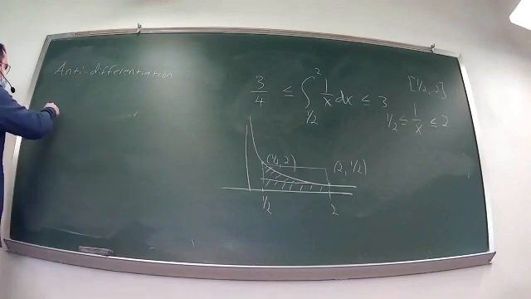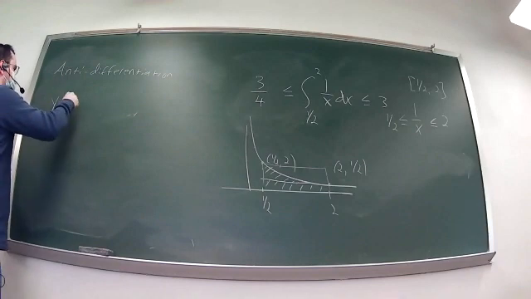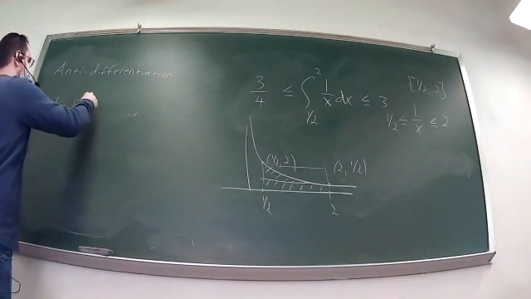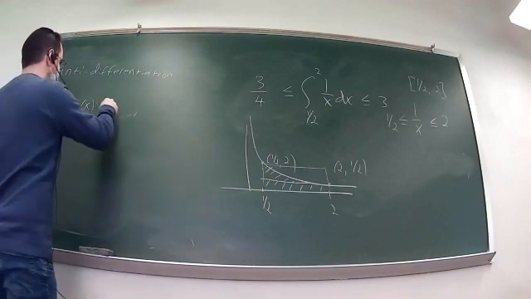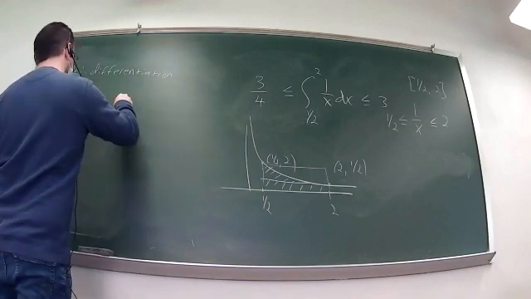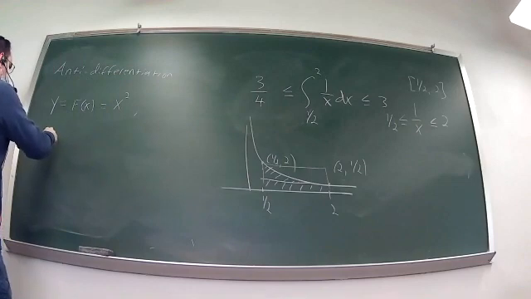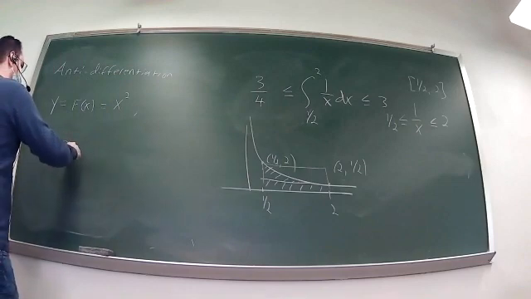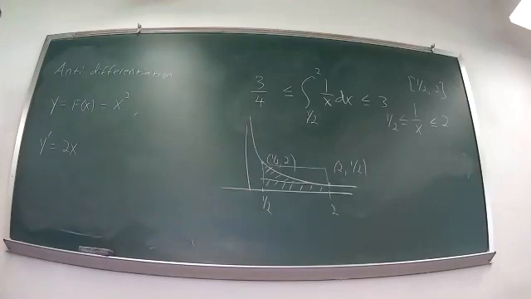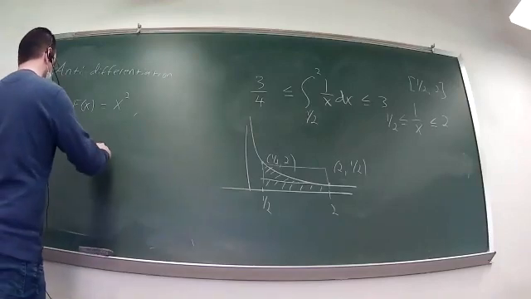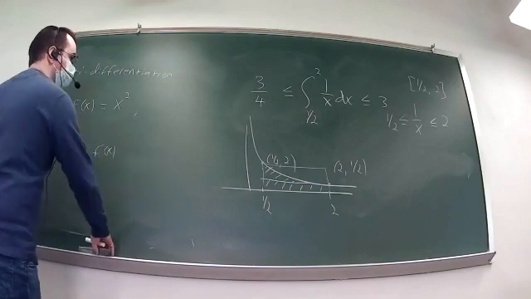And so we've done things like, given y equals a function f of x, like maybe f of x equals x squared, we've taken the derivative and found that the answer was 2x. You can also try to go the other way.